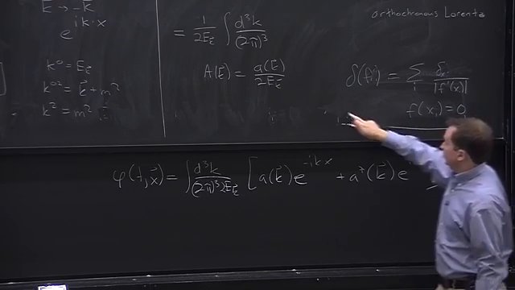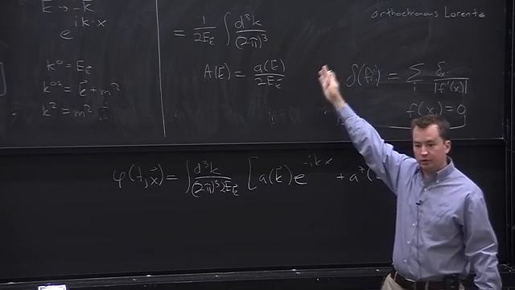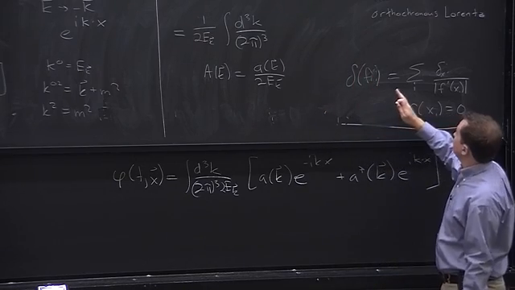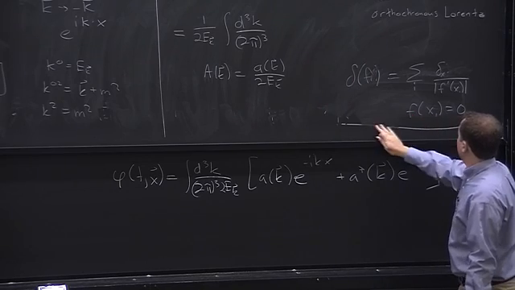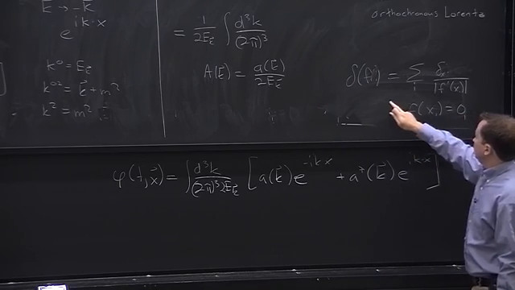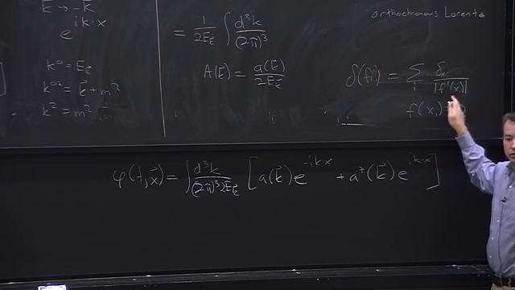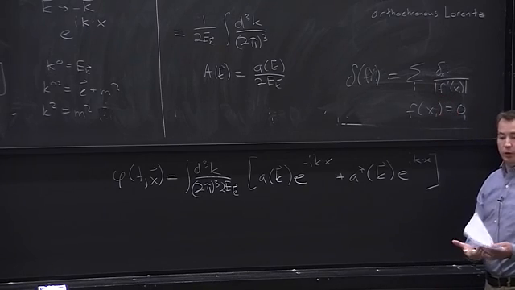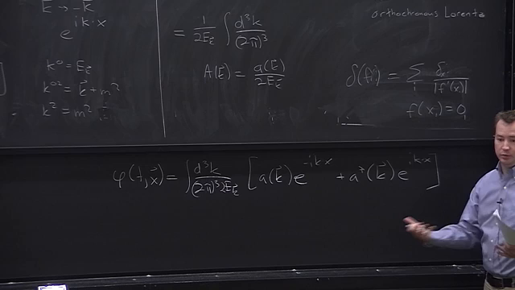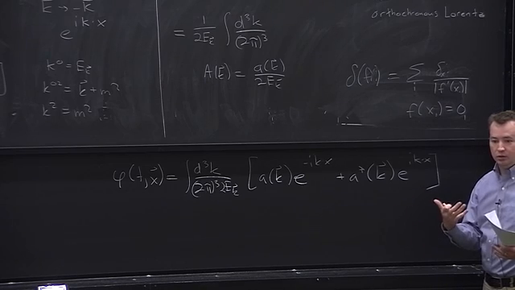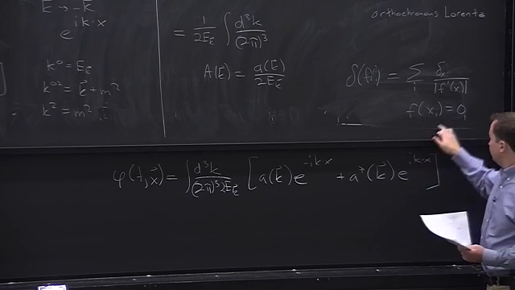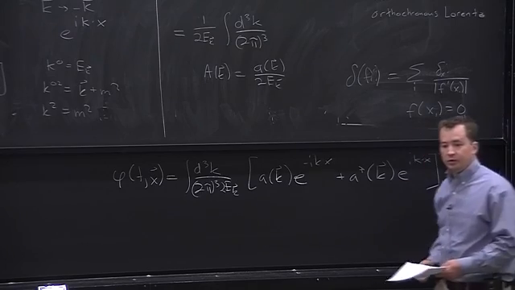So this is just saying if we've got delta of a function, which we do, our function is k squared minus m squared, then we get this extra 1 over the derivative term. We don't just evaluate whatever's multiplying the delta function at the zeros. We have to take care of the change of variables, essentially.